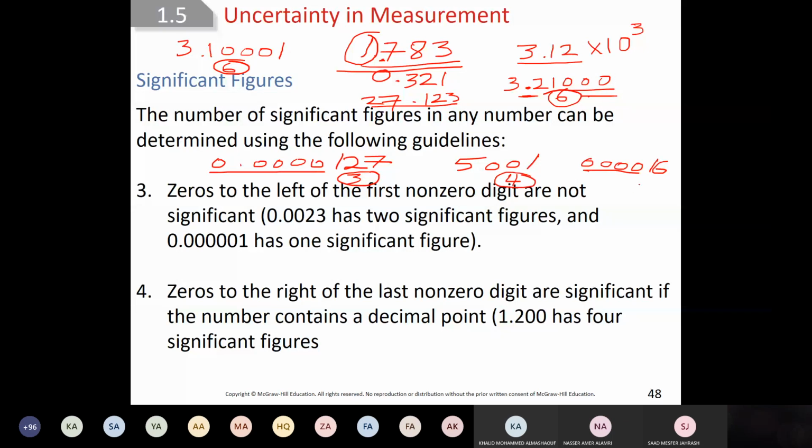How many significant figures do we have here? Only 2. If it is to the right, for example, 50, then I cannot say if it is significant or not significant. The answer is it's not clear. Is this 1 or 2 significant figures? I don't know. I need to put the decimal. If there is no decimal, then we will say it is ambiguous. Ambiguous, not clear.